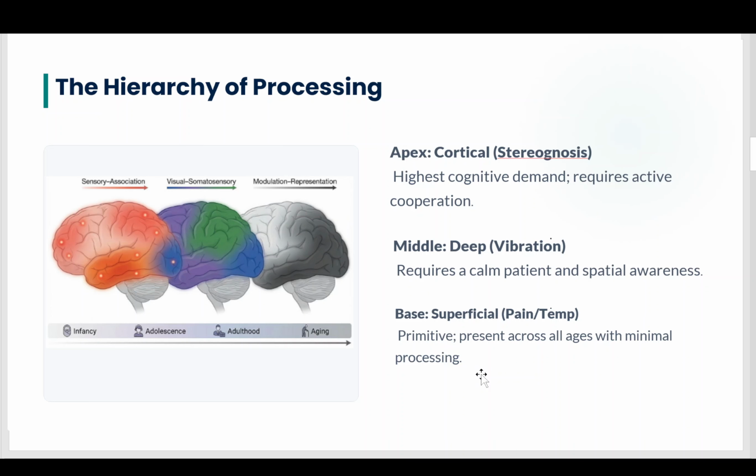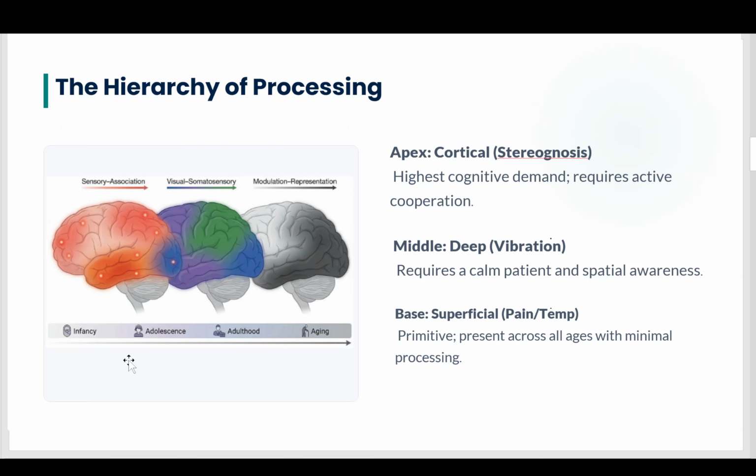The higher level consists of vibration sense and proprioception, which require a calm patient who has spatial awareness, and the highest sensations require cortical interpretation of the stimulus. They require a very actively cooperative and highly alert person to respond to our testing. So according to the patient's age, developmental maturity and condition, we should have a standard expectation of what responses to expect in these three areas.